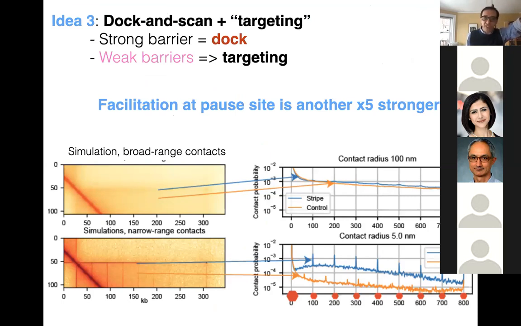They might be mutually stabilizing each other. And that gives us long stripes. Whether these are specific types of cohesin, SA1 versus SA2, whether other molecules need to be present or absent at the CTCF itself, like PDS5 that also can bind to CTCF, this is something to be understood.